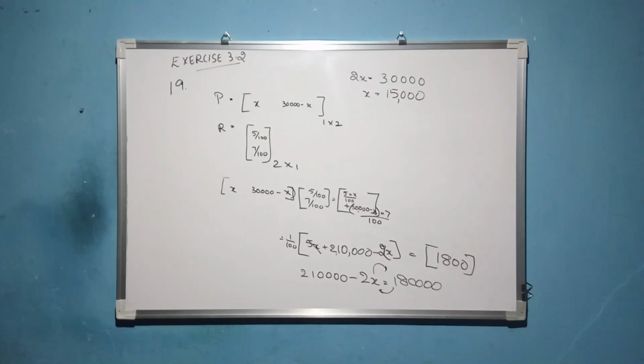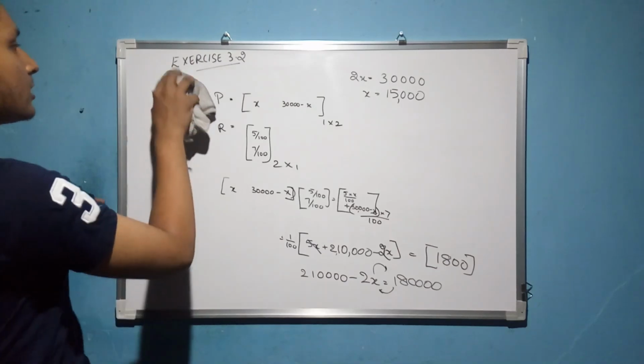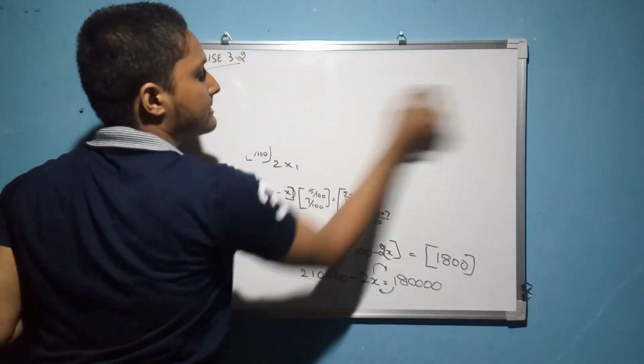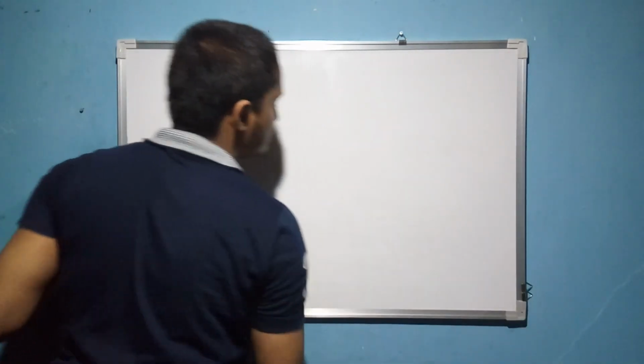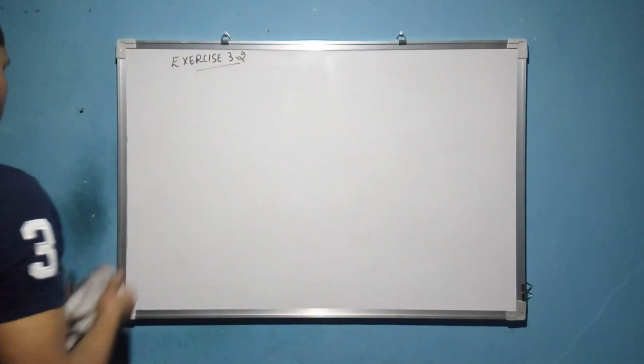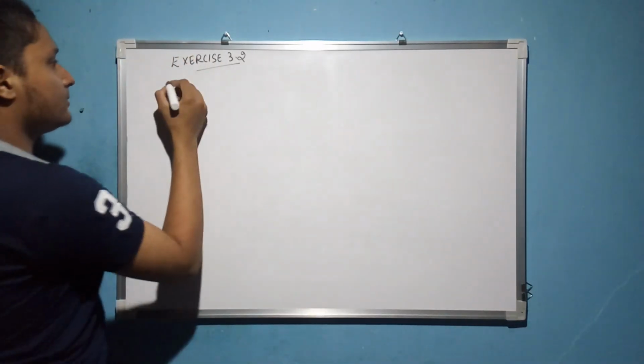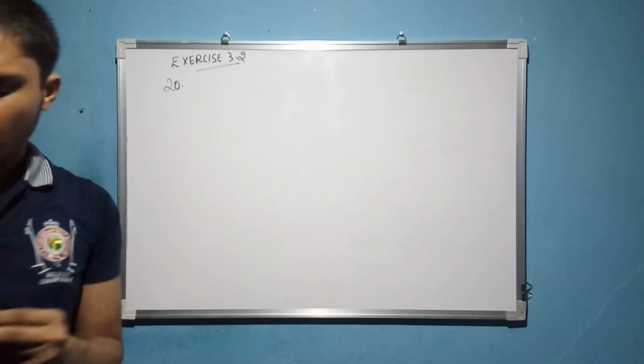Okay, now we have your 20th question. There is also a statement problem. This is very similar to this question only, but here you are going to have three things, that is chemistry, economics, and one more subject, that is physics. The question you can see here.